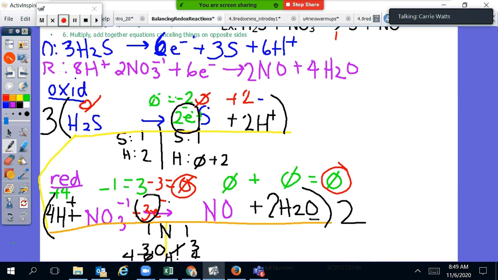Okay, now we've multiplied and now we've got the two equations. So with 6 electrons on the right and 6 electrons on the left, which was how we picked our factor to multiply by.